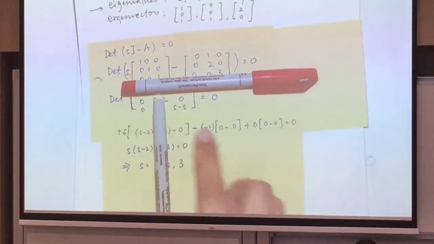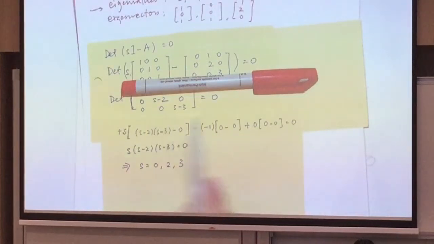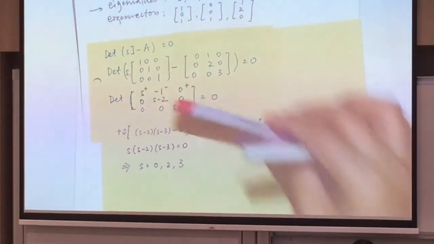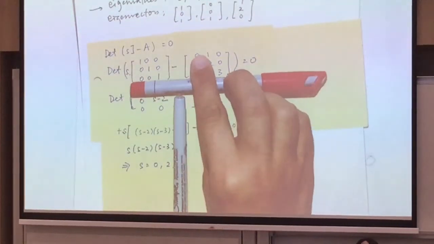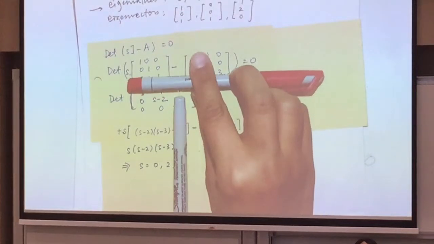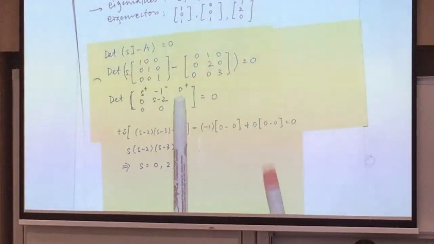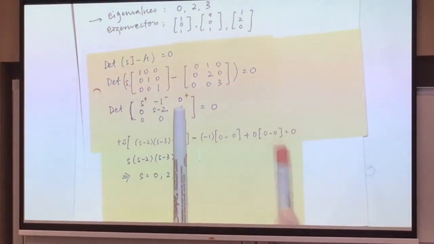So 0 times s minus 3 is 0, minus 0 times 0. Okay, then move on to the third column. 0, the positive sign, so plus 0. Cover this and this. And you are left with 0, s minus 2, 0 and 0. So plus 0, 0 times 0 is 0, minus 0 times s minus 2 is 0.